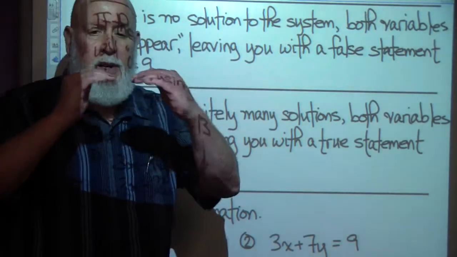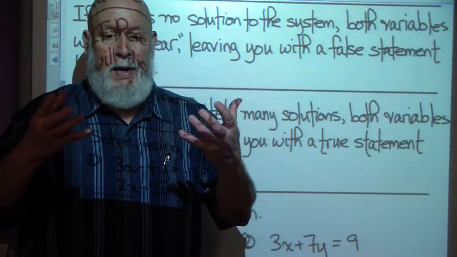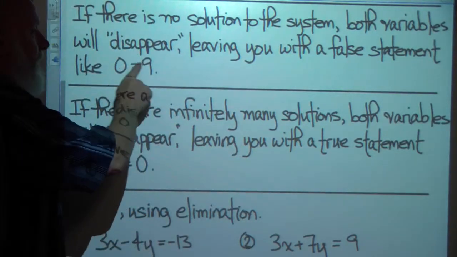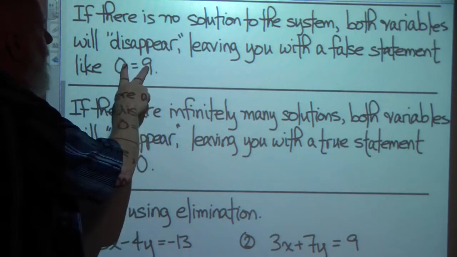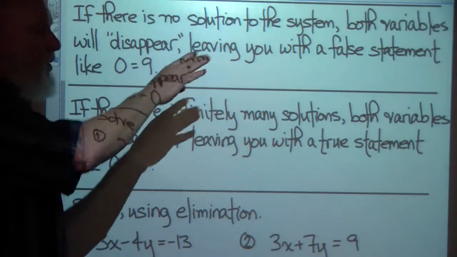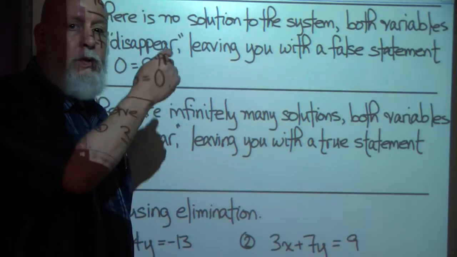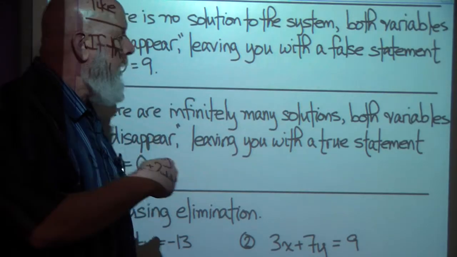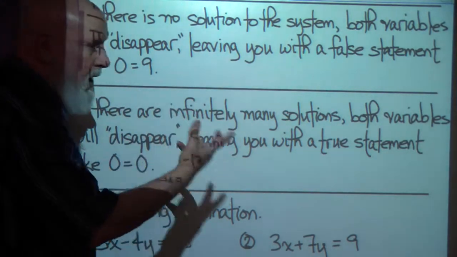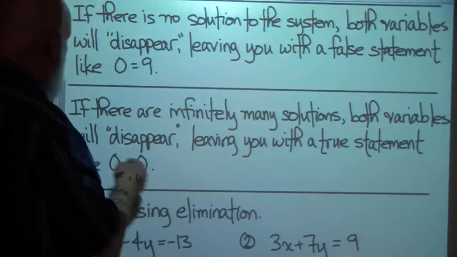If you're doing everything that you should do, and all of a sudden all you've got is a statement like, for instance, 0 equals 9. If what you're left with after the variables disappear is a false statement, that means there are no solutions to the system. This is true for what we're doing today and what we've done for the last couple of days with substitution. Okay, so we're going to run into it. I'll show you how it works today, but it also applies to substitution.